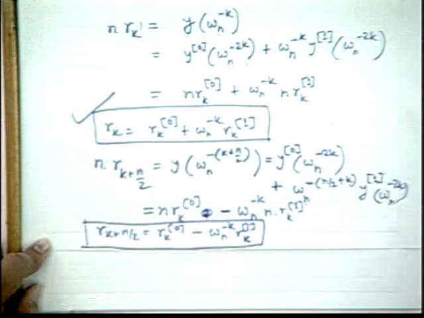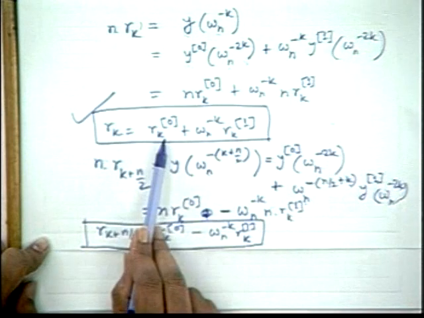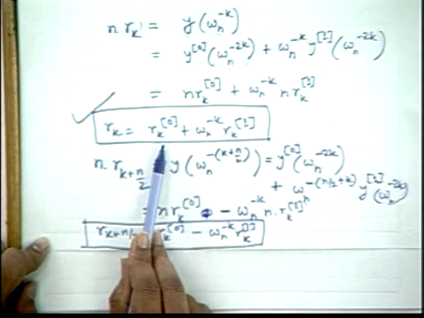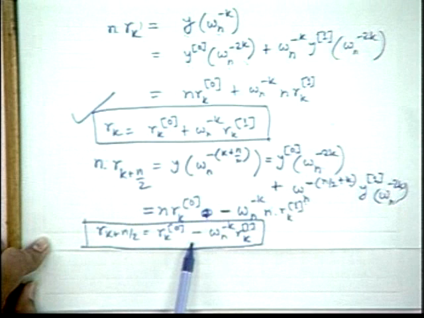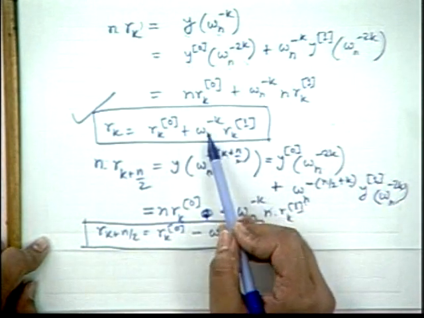So this is the first half, the first n over 2 values of R. This is the next n over 2 values of R. And you will see, if you go back to the previous lecture, your computed value of y, the first n over 2 values of y, had exactly similar formula. Also this one was exactly the same formula, except instead of Wn minus k, it was Wnk.